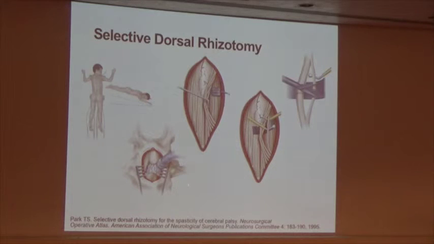This is from the Selective Dorsal Rhizotomy anatomy book, where this is the way he positions them, and he's able to place a legend between the ventral and dorsal nerve roots, and then we divide them out as we go through.